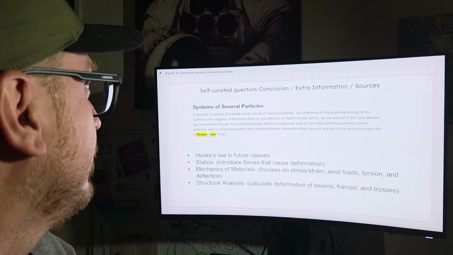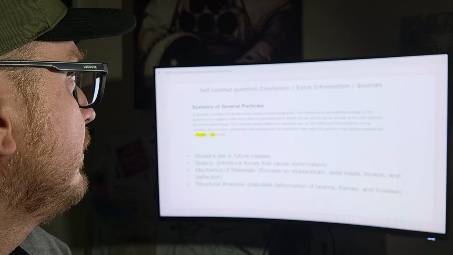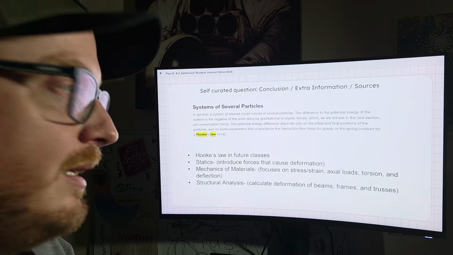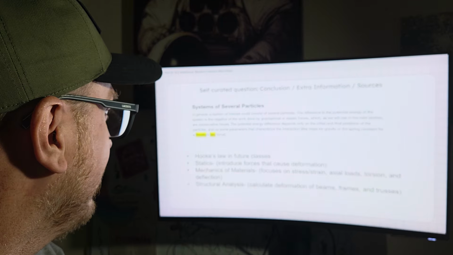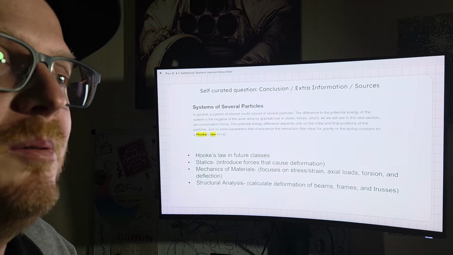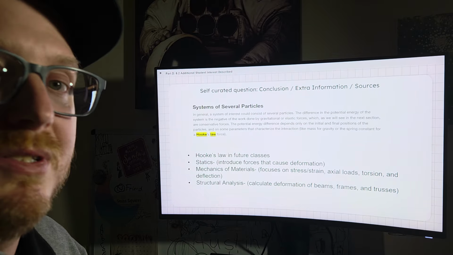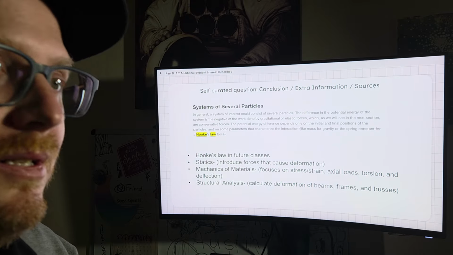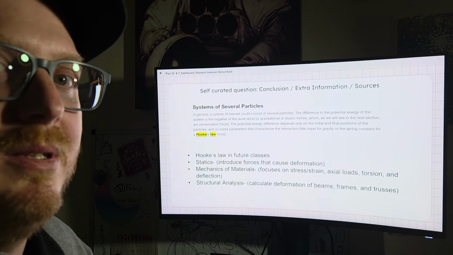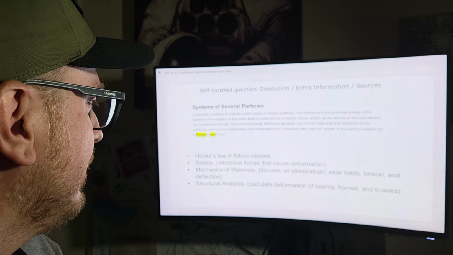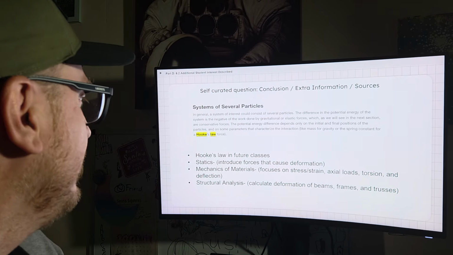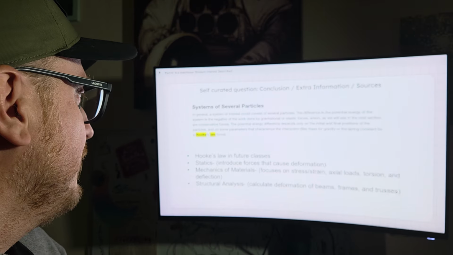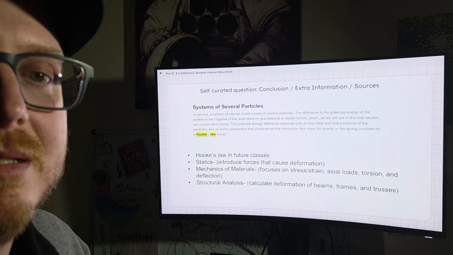Okay, in this slide, it talks about the additional student interests described. For me particularly, this is going to be certainly interesting because I'm headed for my major in civil engineering, so Hooke's law is going to be well within those classes. It's going to be in a number of future classes, including statics, mechanics of materials, structural analysis.